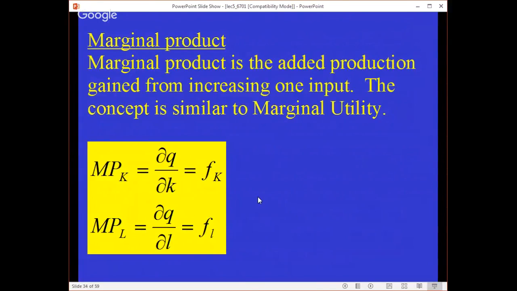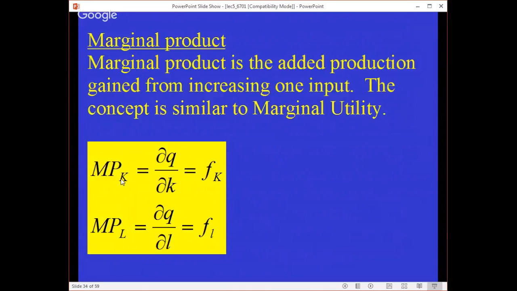I increase one input by 1 unit, that gives me my marginal product. It's similar to marginal utility, right? We saw it, you increase the amount of cake that you consume, how much more utility do you get from that 1 unit of cake that you consumed? Here, it's how much more production do you get from that extra input you added to production.